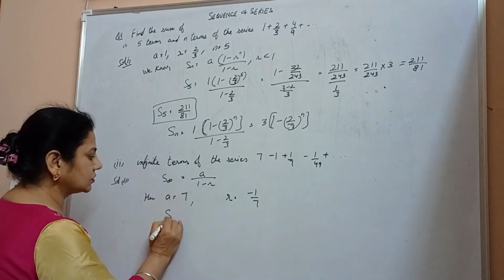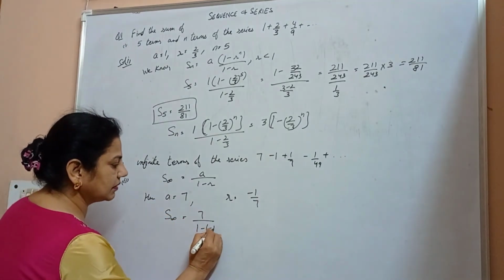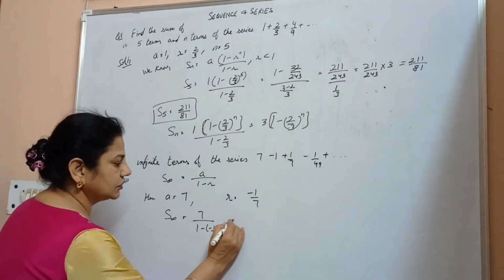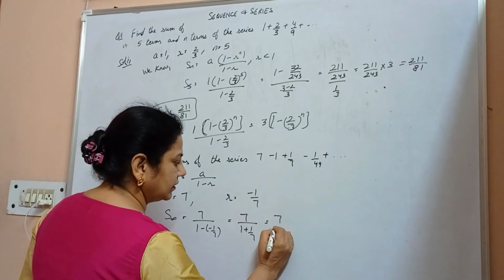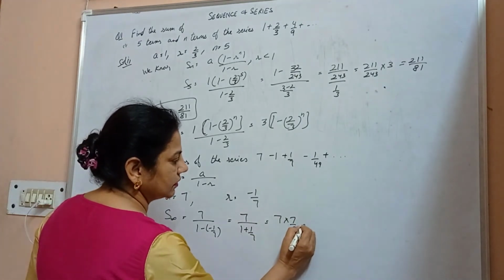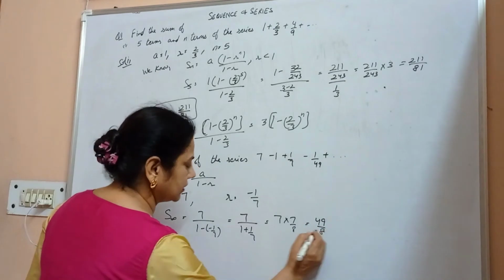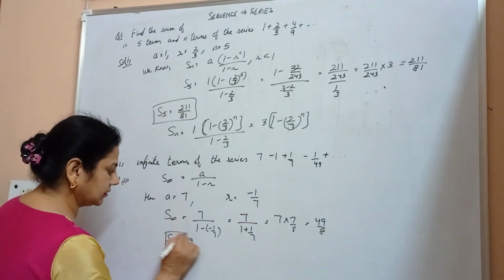Substitute the values. So the sum to infinity is 7 upon 1 minus (minus 1 by 7), which is equal to 7 upon 1 plus 1 by 7, that is 7 upon 8 by 7, which is equal to 49 by 8. So the sum to infinity is given as 49 by 8.